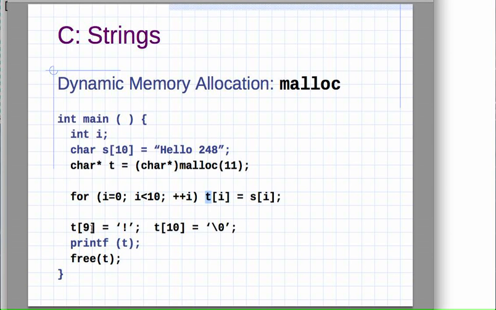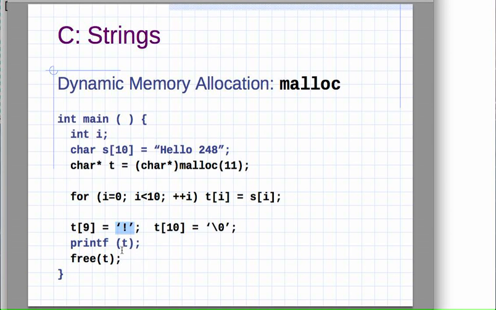And then here's where we tack on the exclamation character at the 9th position, T sub 9, which is actually the 10th position, and T sub 10, which is the 11th position, because we started at position 0. We finally add on a null termination character.